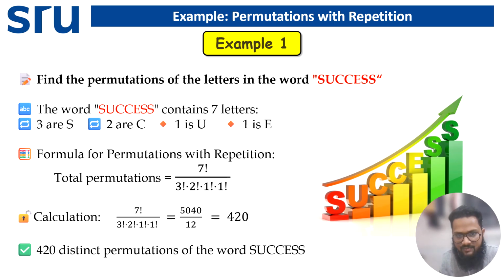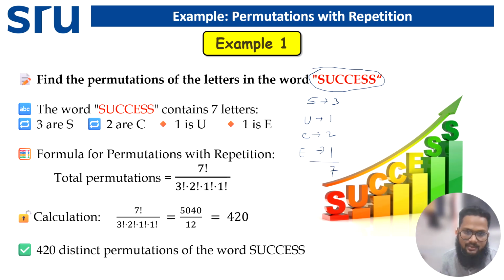You can see that in this word the total number of letters is 7, but if you consider it category-wise, S is thrice, U is only one time, C is twice, E is one time. So 3 plus 1 plus 2 plus 1, total 7. Ultimately the total is 7, but there are only 4 distinct letters, because a few elements are repeating. So please try to understand.